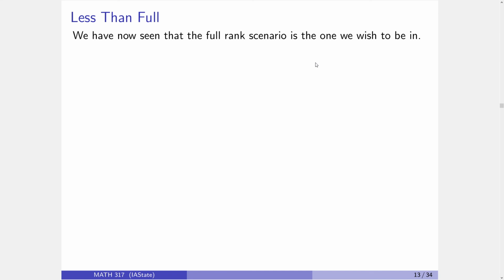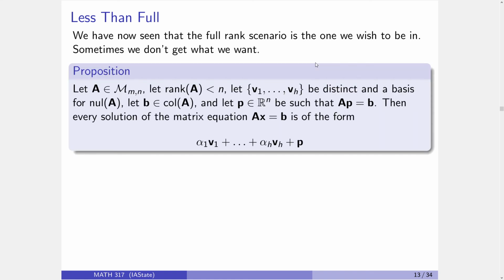The odds that its rank actually is full are small, depending on how many columns you have. If you have thousands of columns, you need your rank to equal the number of columns. Well, there are 1,001 possibilities, so more than likely, the matrix you have does not have full rank. So what happens in that scenario?